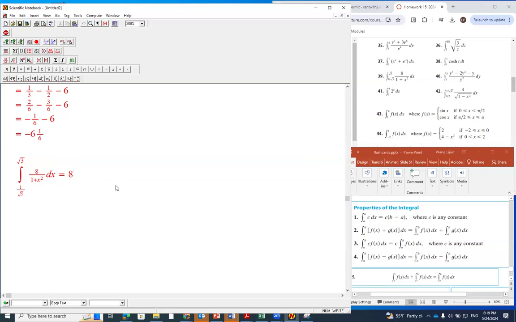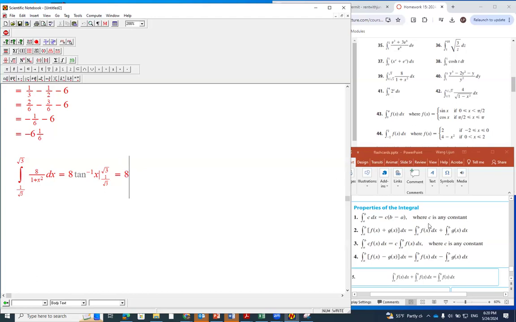So we can just have 8 arctan of x evaluated at 1/√3, all the way up to √3. When you write it on paper, you may like to leave some space. Okay, we have 8.